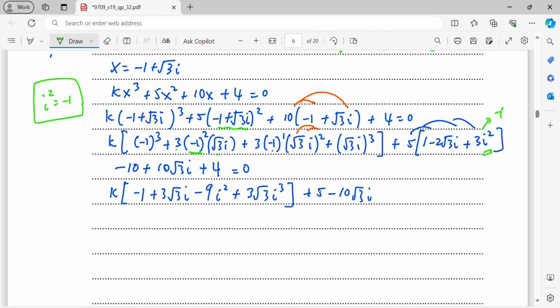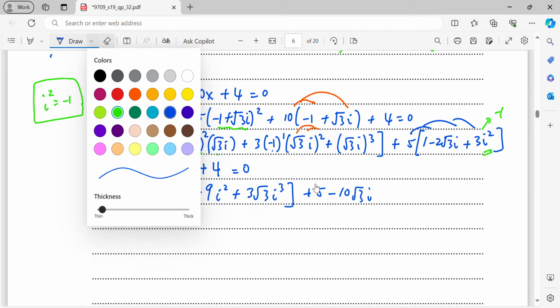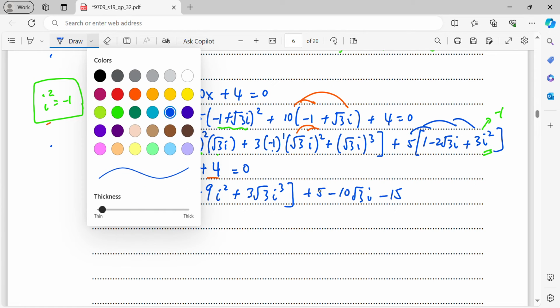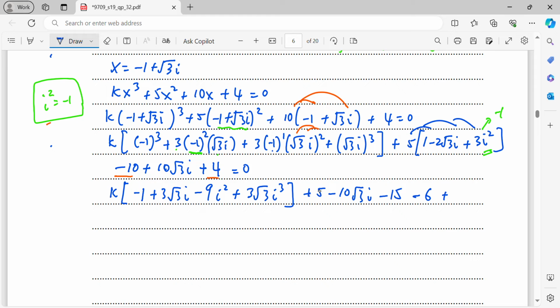So that means this is going to be minus 15. And then minus 10, okay, here, minus 10 plus 4, that will be minus 6. Then plus 10√3 i equals to 0.